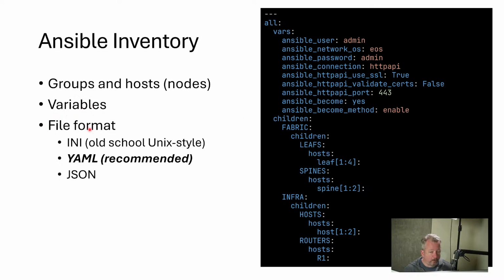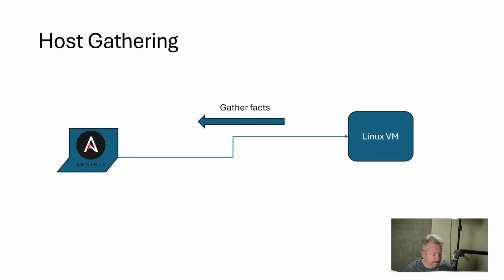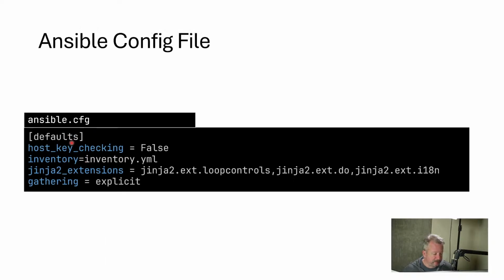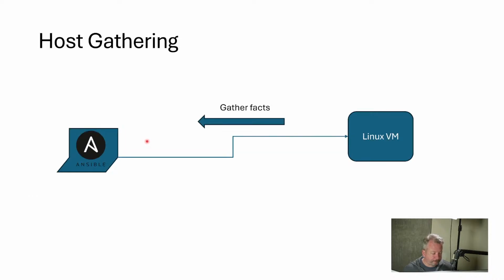And the file format, there's actually a couple different file formats that we can use for the inventory file. We could do the old school INI, an old school Linux style. It looks very much like the inventory file config. So this is the INI style right here. It's just something, then equals, and then something else.